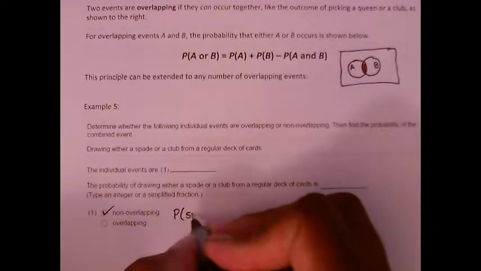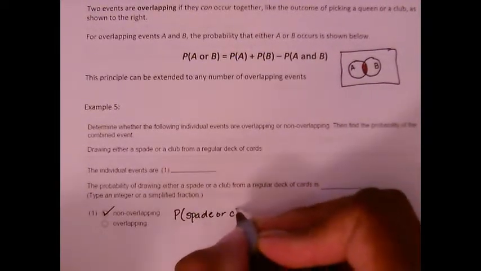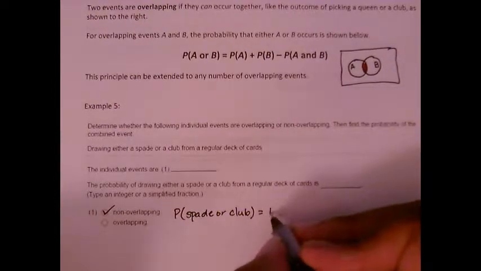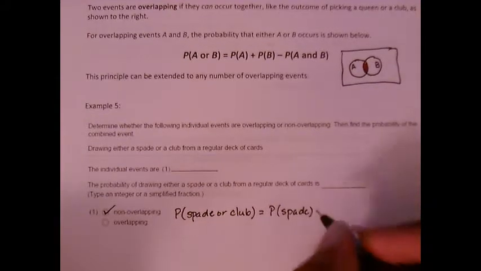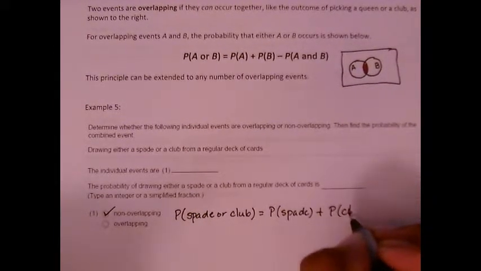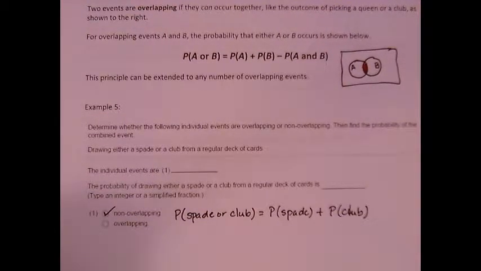So now the probability of a spade or club is this. The probability of getting a spade added to the probability of getting a club. Now we don't have to subtract the probability of a spade and a club because there's nothing in common for those 2.